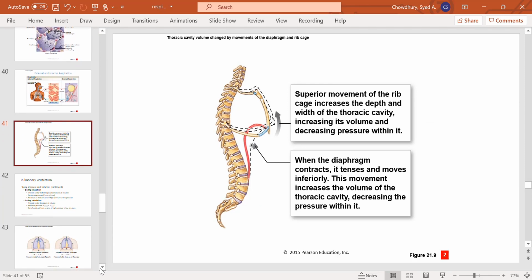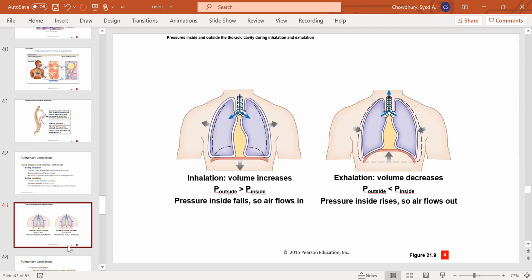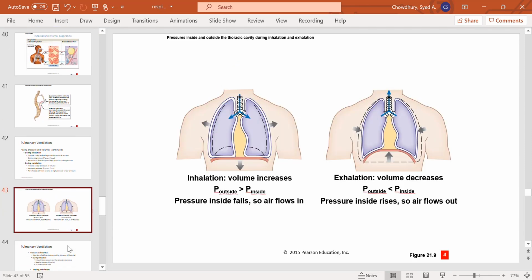The mechanism of breathing, how the breathing takes place. To understand the breathing, you have to understand three pressures. Inside the lung, you have a pressure that is called intrapulmonary or intraalveolar, same thing, pressure, which is not fixed.